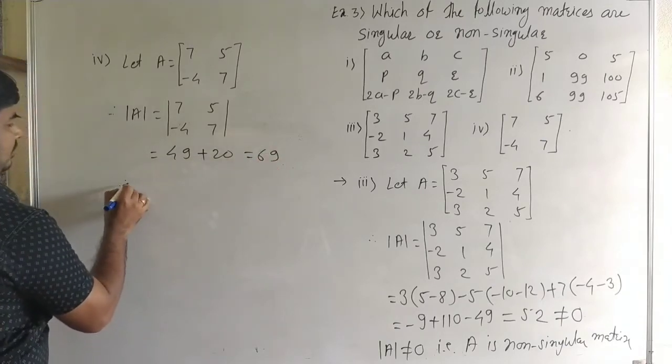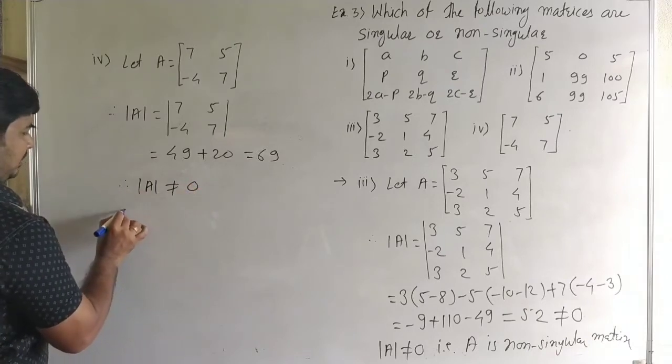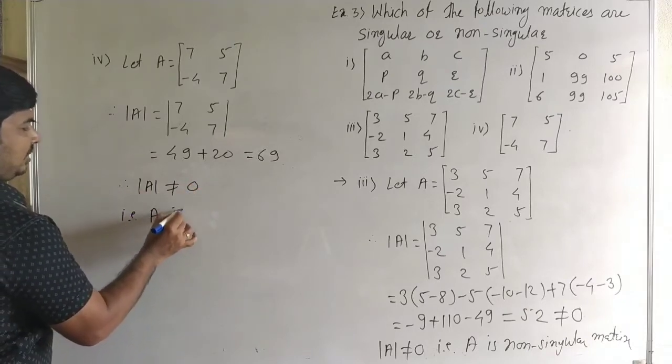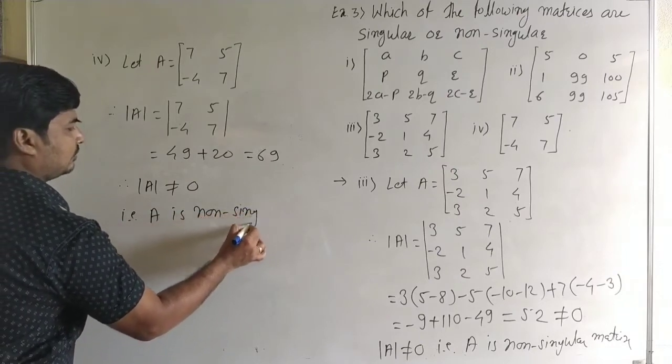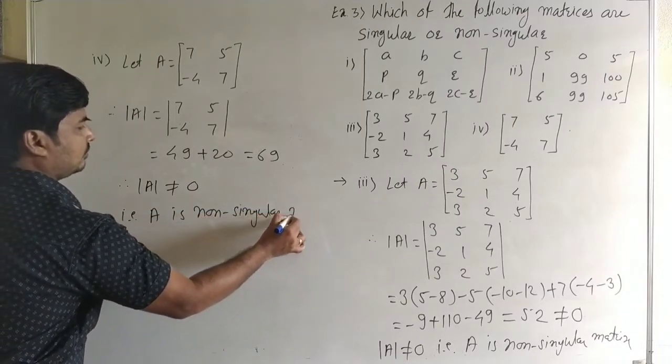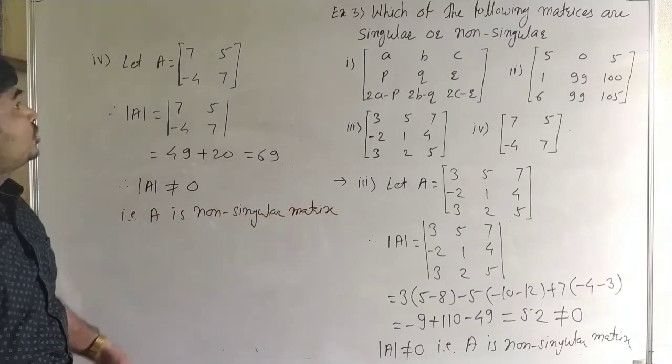And therefore determinant of A is not equal to 0, and that is, A is non-singular. A is a non-singular matrix.